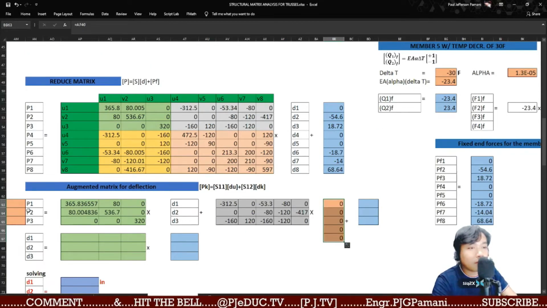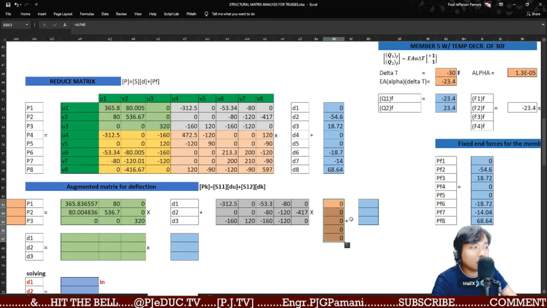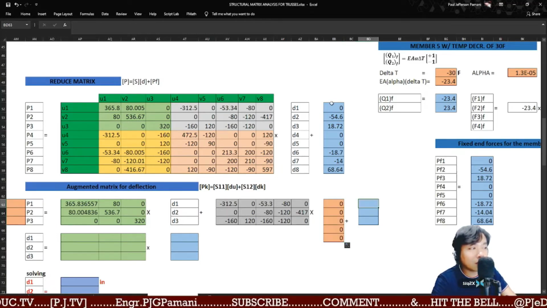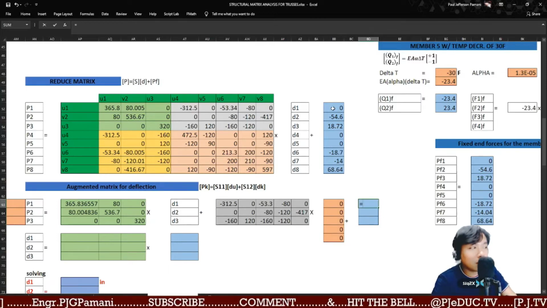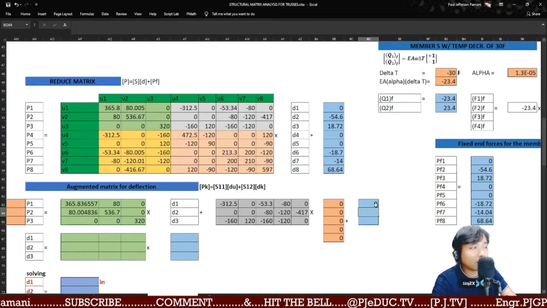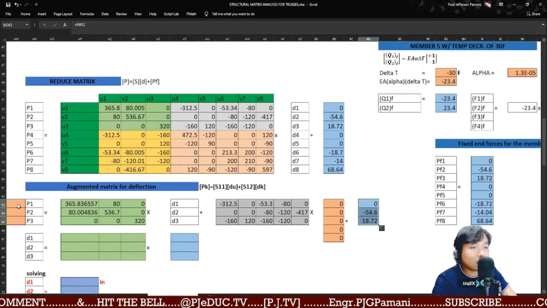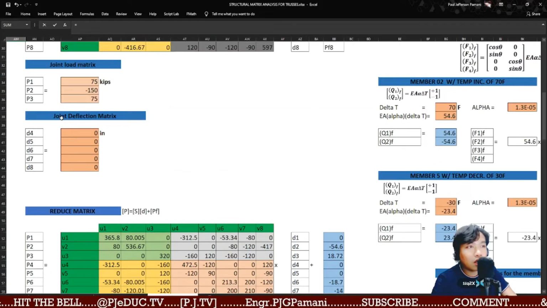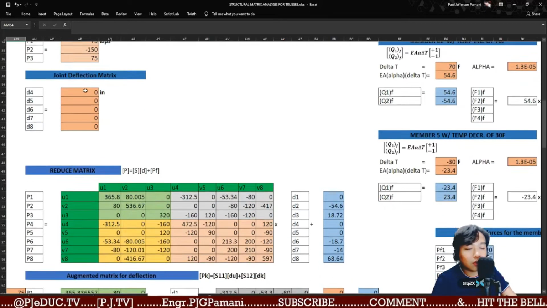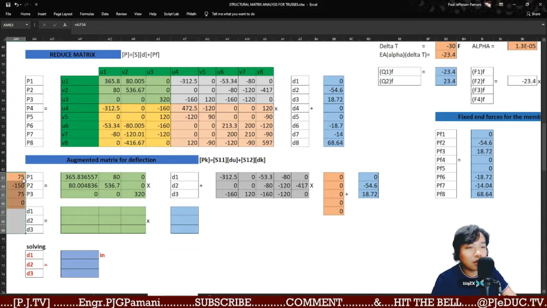And remember, 3 rows yung pinag-uusapan. So, i-add natin yung due to the change in temperature forces with regards to the 3 rows. Equal to this one. So, 3 rows din doon. Okay? And do not forget your unknown forces, joint load matrix.